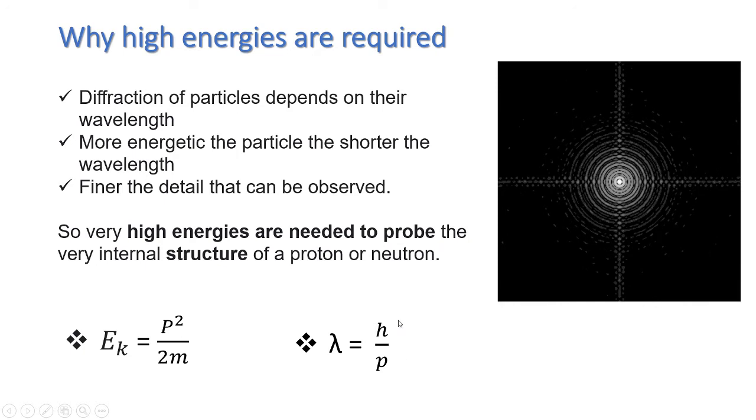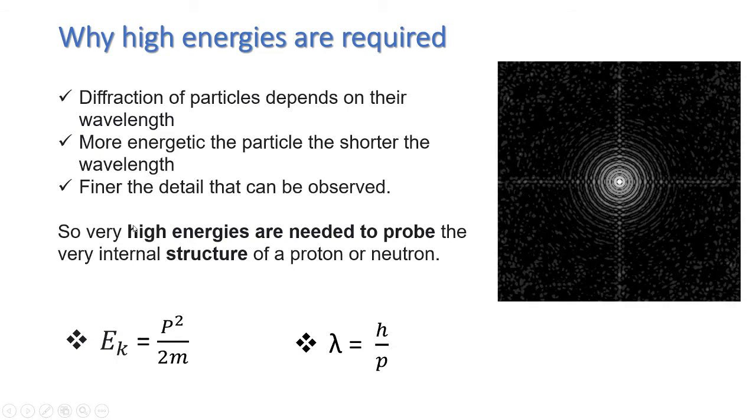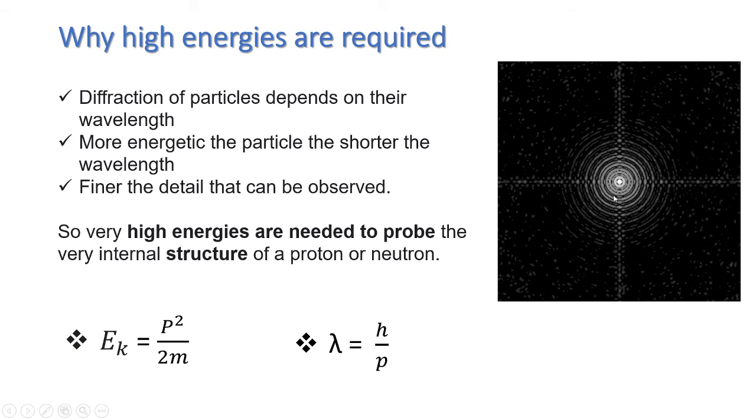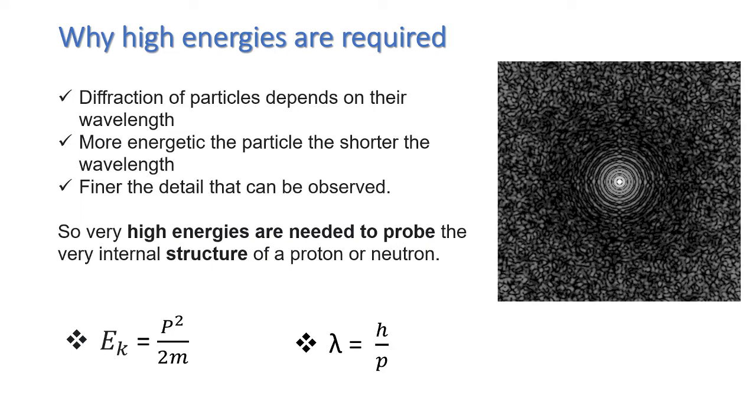That helps to get an idea about the fine detail of what we observe when it passes through the atomic structures. So it is very important to have very high energies to probe the very internal structures of a proton or a neutron. That is common for any other structures too, nucleons, right?